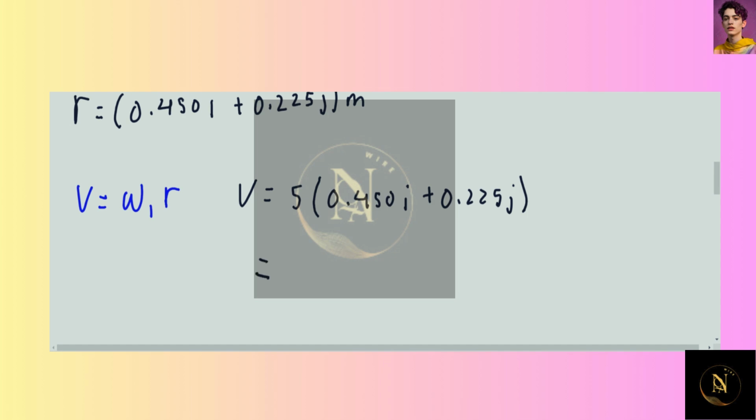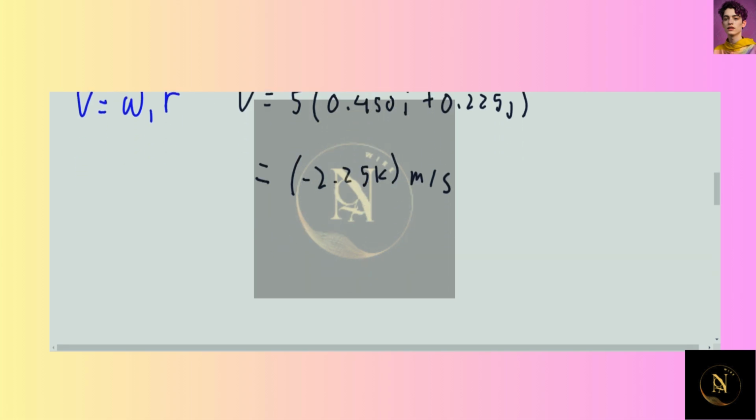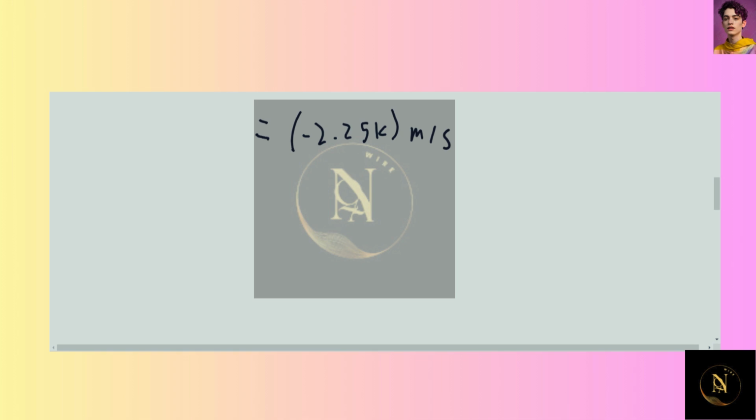And we're going to be left with negative 2.25 k meters per second. So we now have all we need to calculate the angular momentum about the point A. Since this angular momentum is going to be equal to the angular momentum about the point C plus the r vector cross m times the v vector.